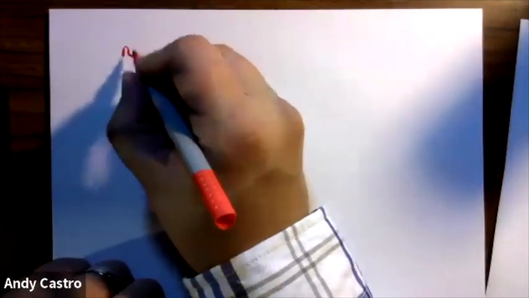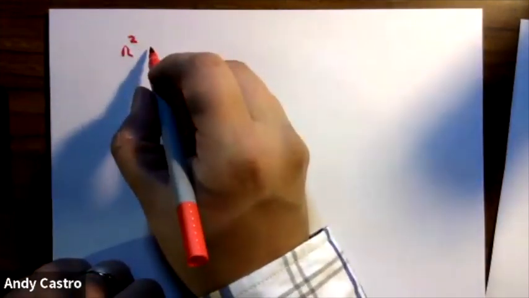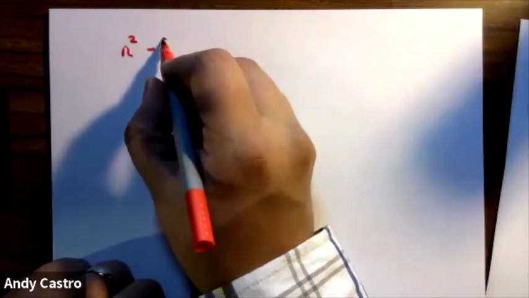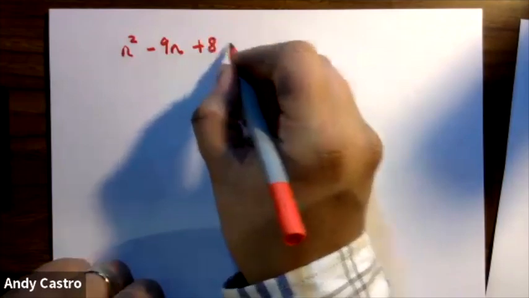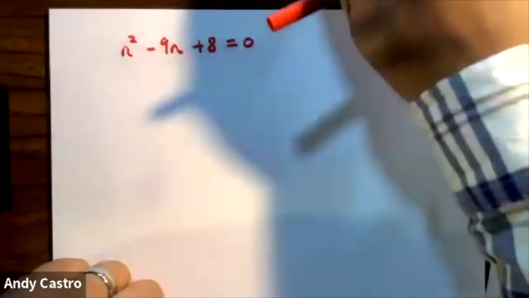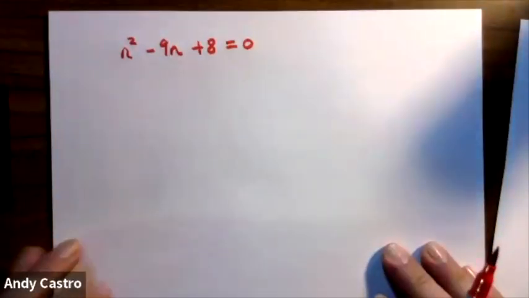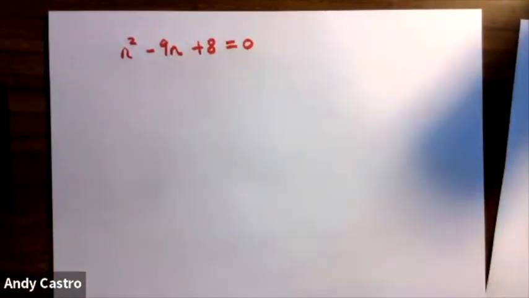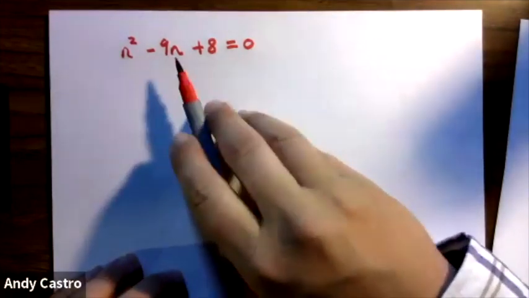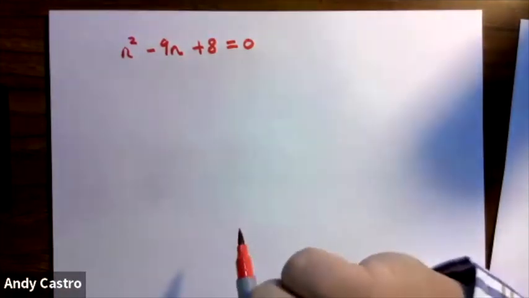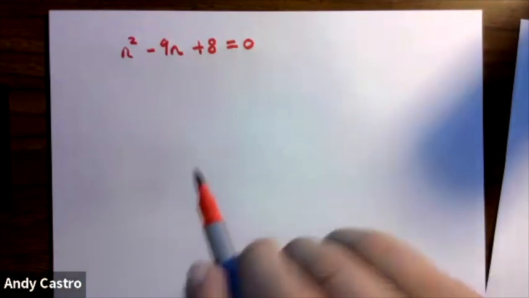So first thing we're going to do is n squared minus 9n plus 8 is equal to 0. What does n need to be? So in order to find this, we're going to have to factor, right? Because you don't know intuitively what to stick in for n that would make this work. So we're going to factor.